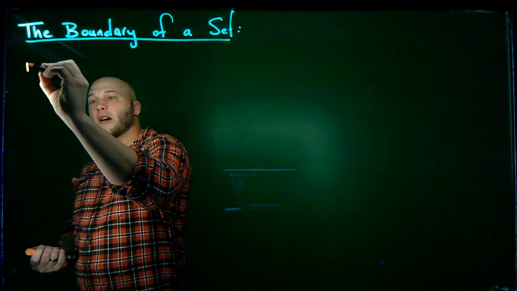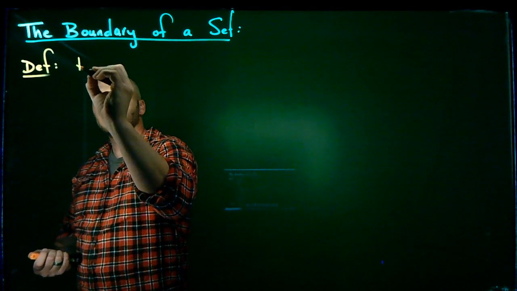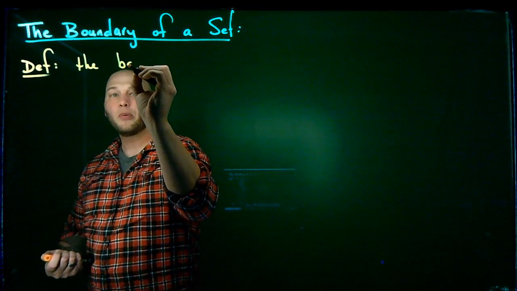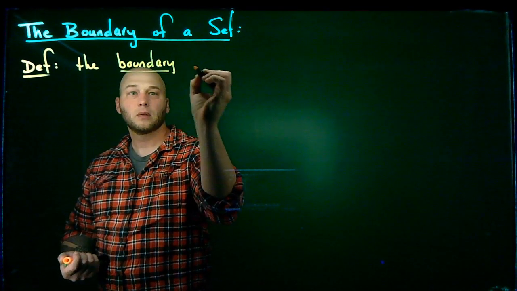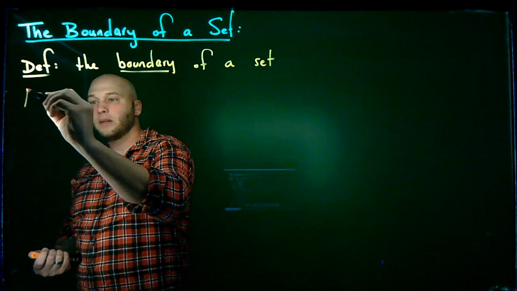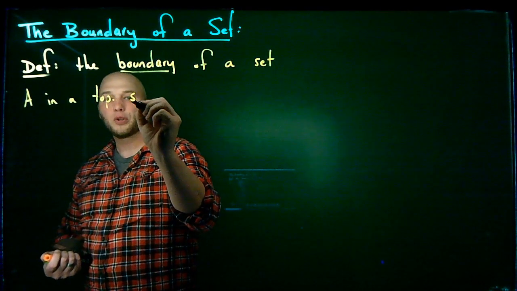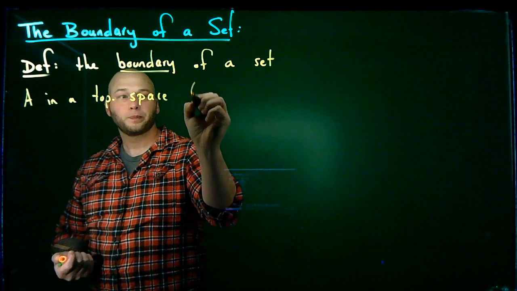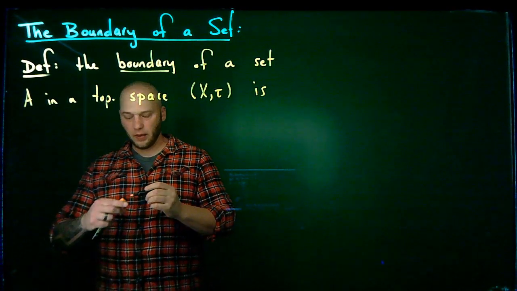Let me give you the definition of the boundary of a set. The boundary of a set A in a topological space (X, tau) is given by the following.